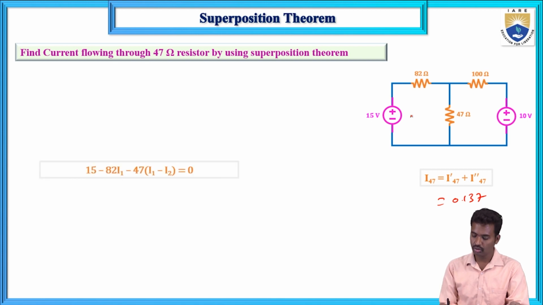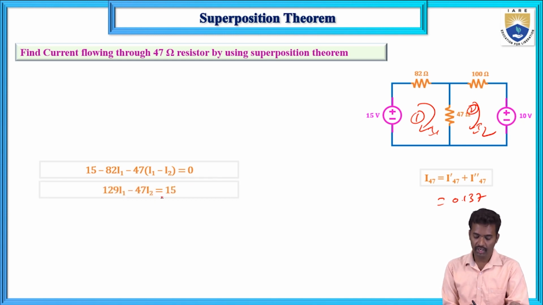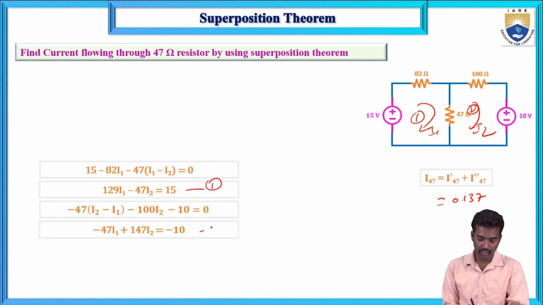Same thing: I1, I2, two meshes. 15 minus 82 I1 minus 47 times I1 minus I2 gives 129 I1 minus 47 I2 equals 15. Then minus 47 times I2 minus I1, minus 100 I2, minus 10 equals 0. This is equation number 1, and equation number 2 is minus 47 I1 plus 147 I2 equals 10.